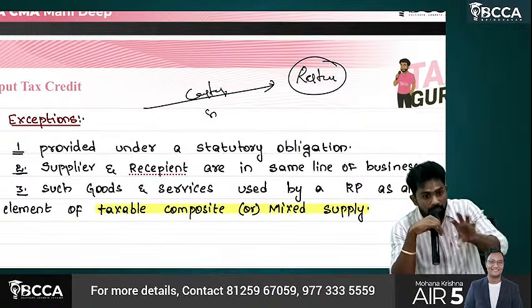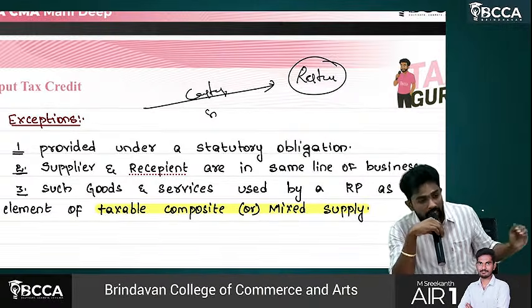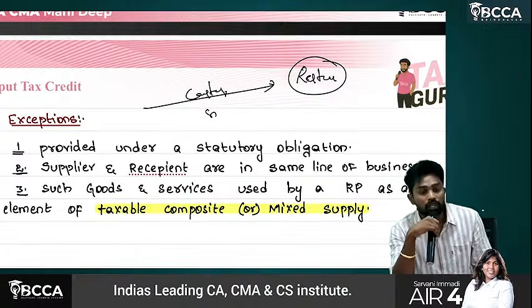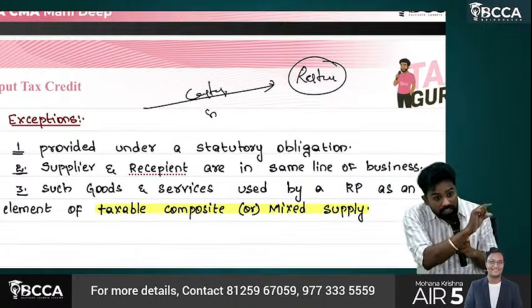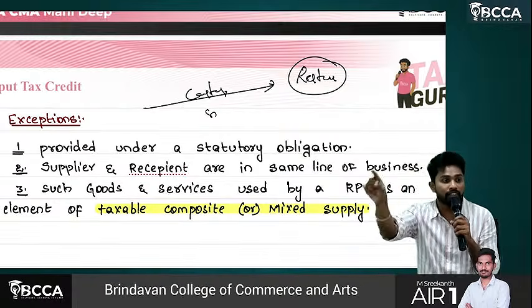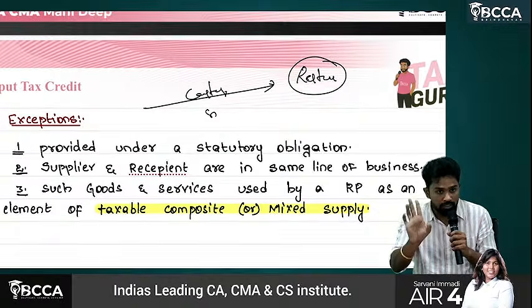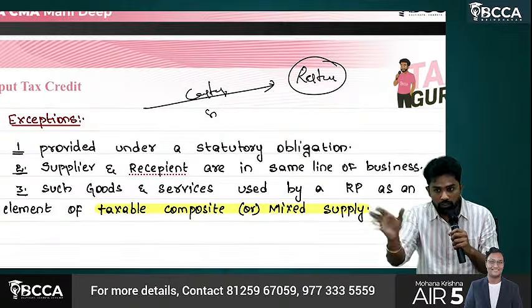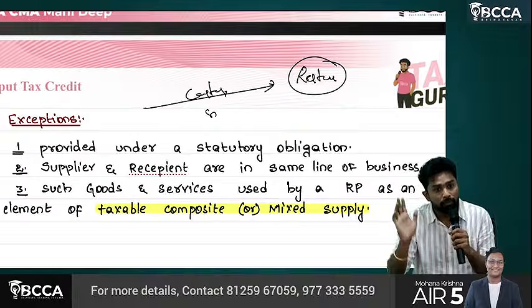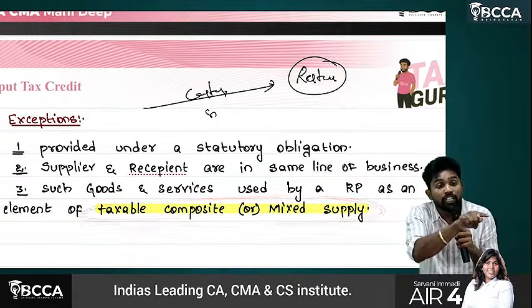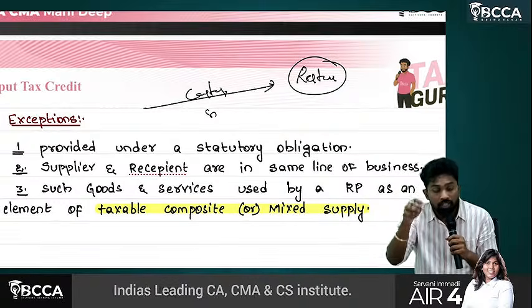That meal is not cooked by railways; railways is taking a catering service. The question is, on that inward catering service, can railways avail ITC or not? Is it providing composite supply or mixed supply? We know it is composite. If not composite, it becomes mixed supply.